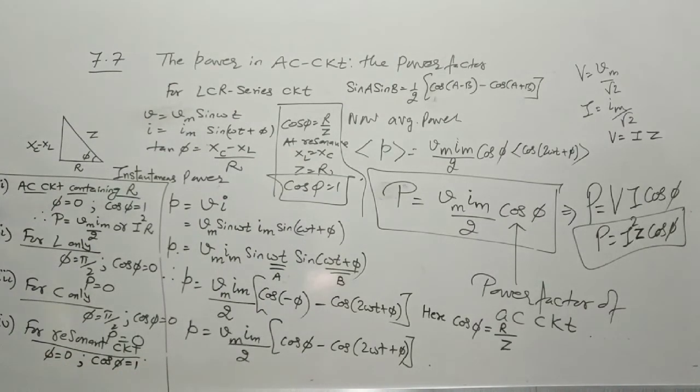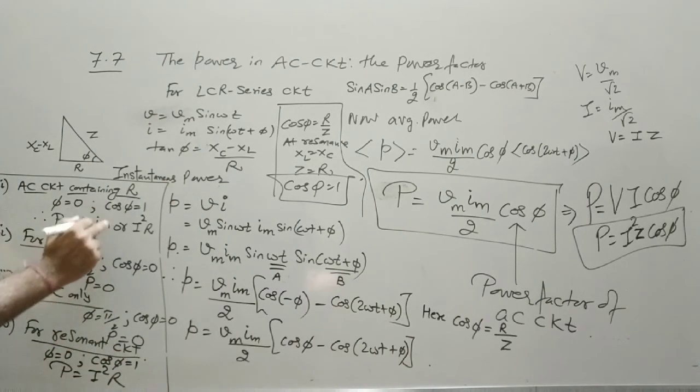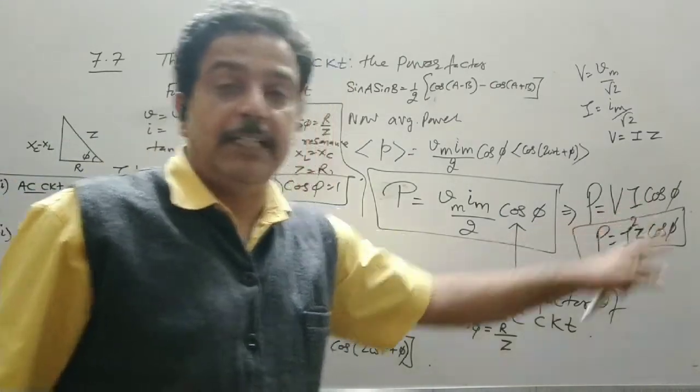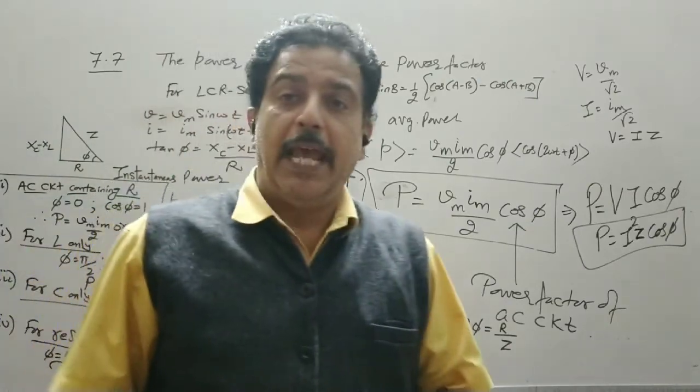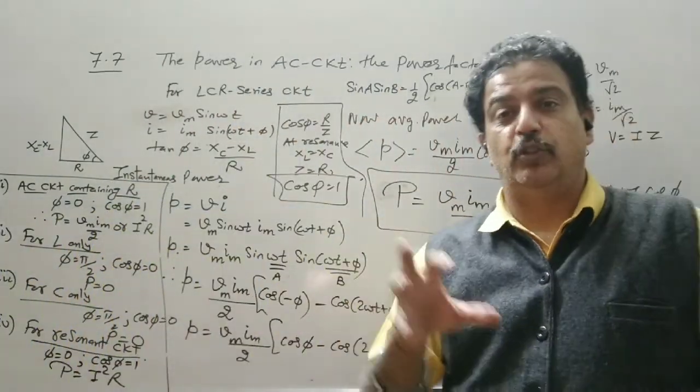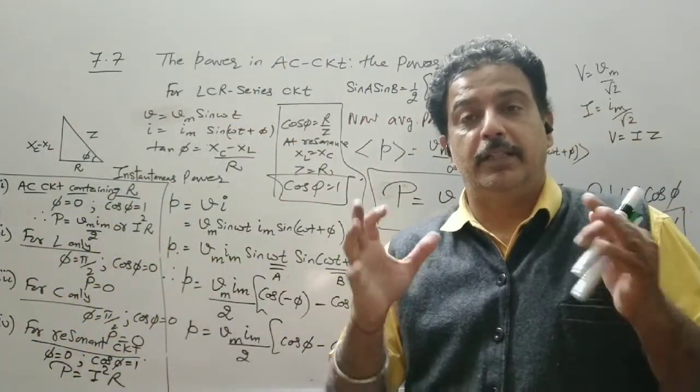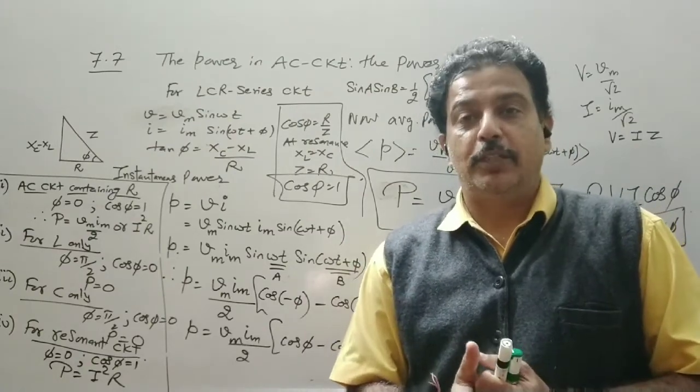Phi is 0. Again, I get power equal to I square R, or Vm Im by root 2, or simply I can say VI. So the maximum power is dissipated across R. In a resonant circuit, the power is dissipated across R.